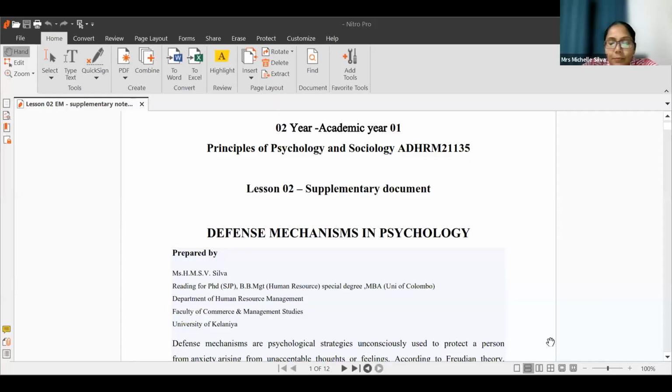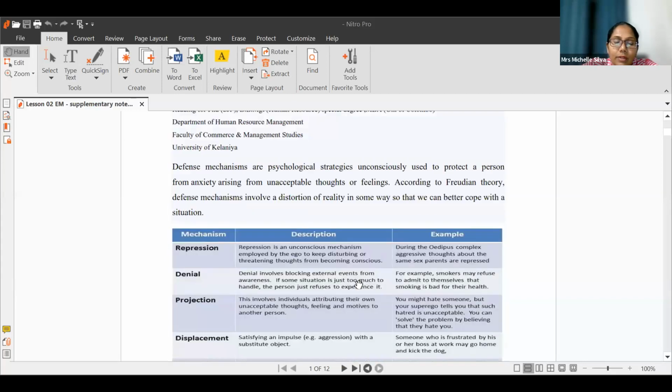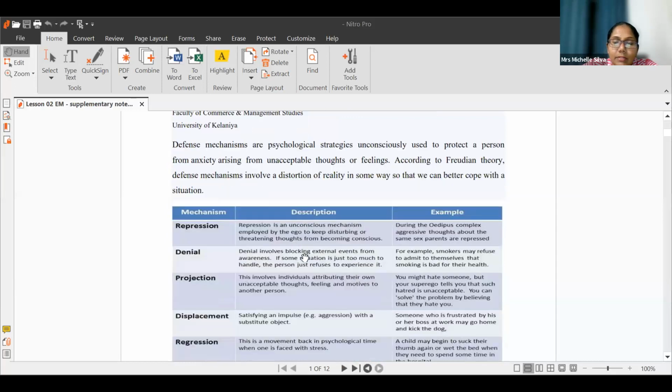In the supplementary document which I have provided here, I explain the different defense mechanisms and their descriptions, that means a very small introduction about each mechanism separately.